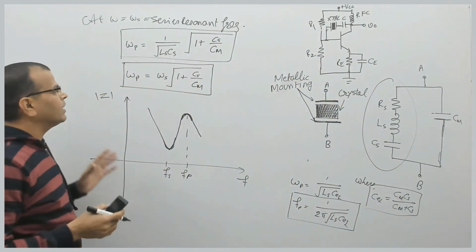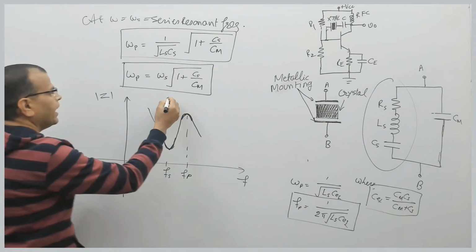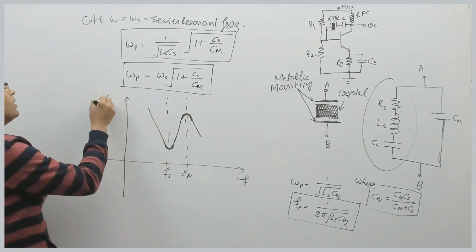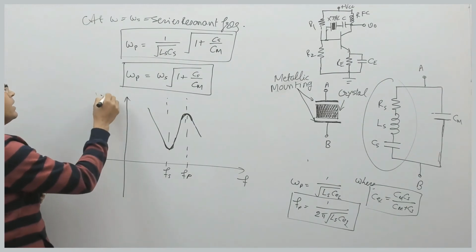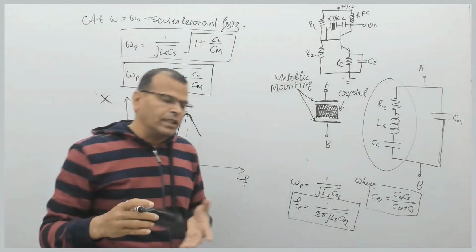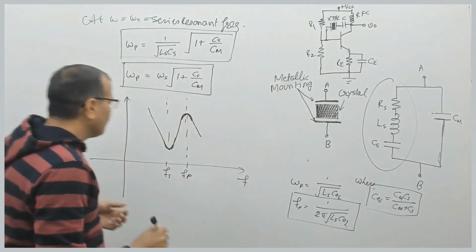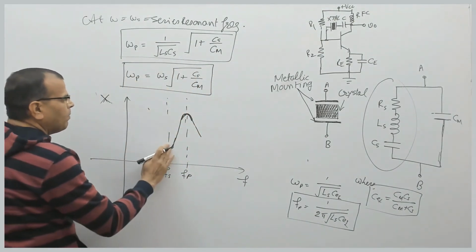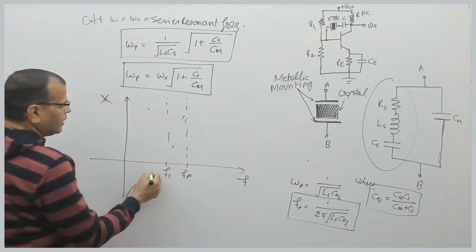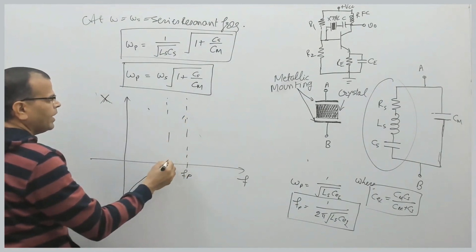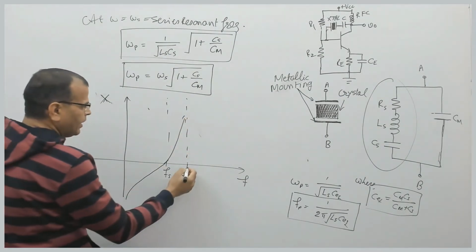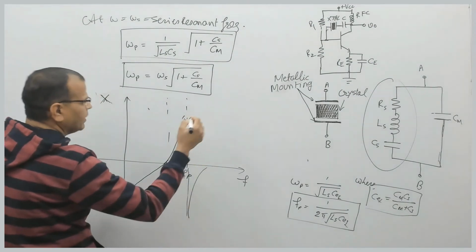Similarly, for this circuit we have the variation in reactance of the circuit. So if you talk about the imaginary part, that is reactance of the circuit, below series resonant frequency the circuit is capacitive in nature, and above resonant frequency it is again capacitive, so it is like this, right? Then it is inductive in nature, and here again it is capacitive like this.